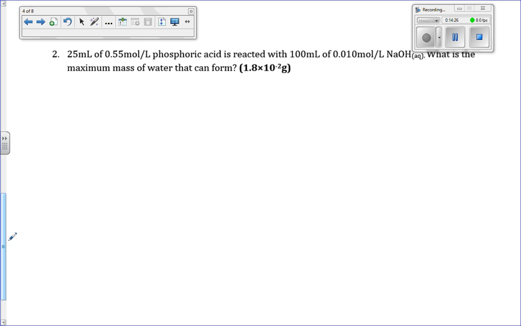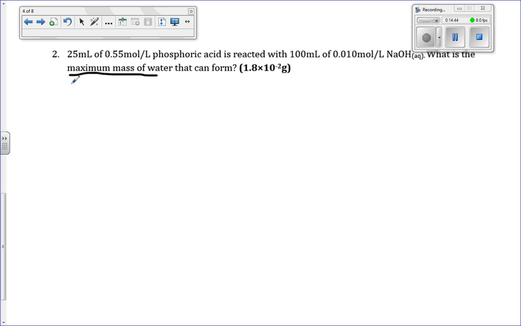Okay, phosphoric acid is reacted with sodium hydroxide. What is the maximum mass of water that can form? This maximum mass of water is the way that you're going to interpret that this is a limiting reaction question.